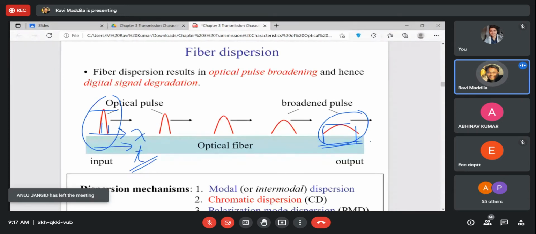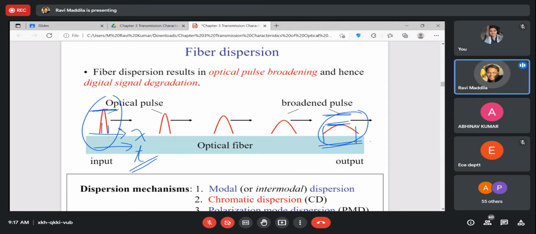So if you are trying to detect the optical pulse based on the power which was transmitted, the peak power, then this peak power would be somewhere over here. So that amount of power is not received at the output. So it's likely that the receiver may assume that it was not a 1 which was transmitted, but a 0.